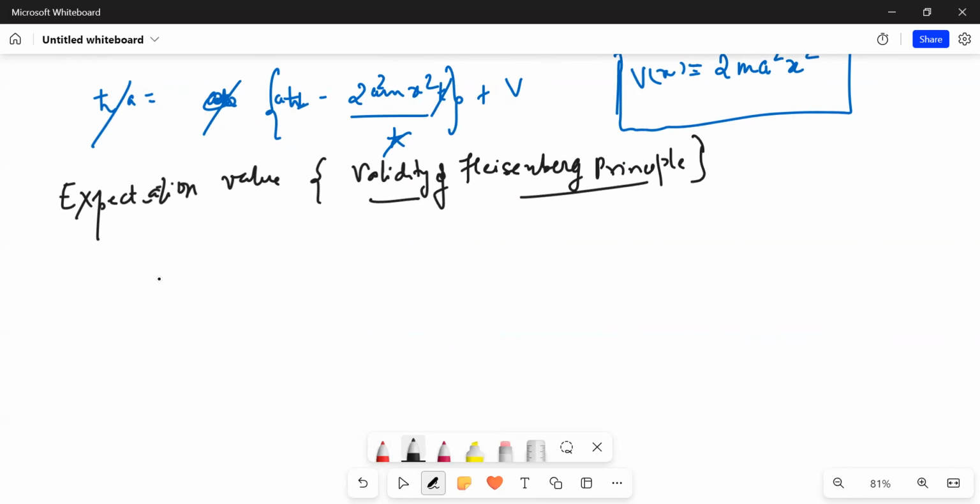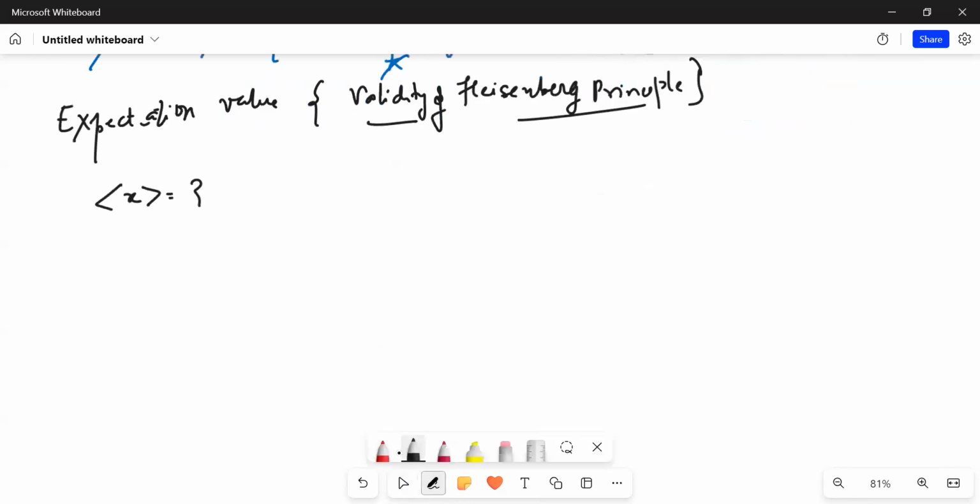So expectation value. I want to find the expectation value of x. I'm giving you a minute, try to find this. So I hope this is quite easy for you. See, if I want to find the expectation value of x, this will be minus infinite to plus infinite x psi mod whole square dx.